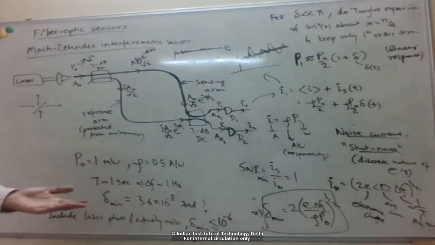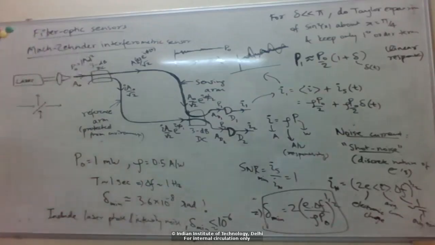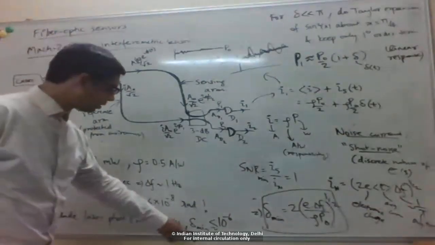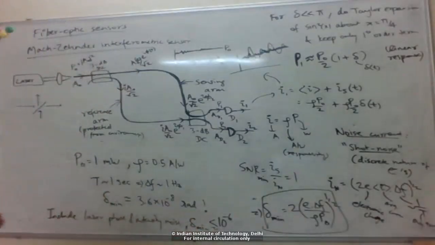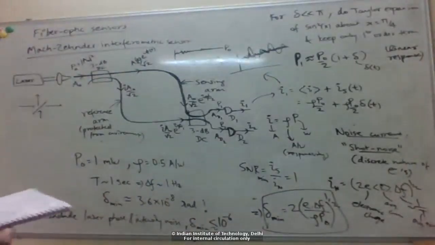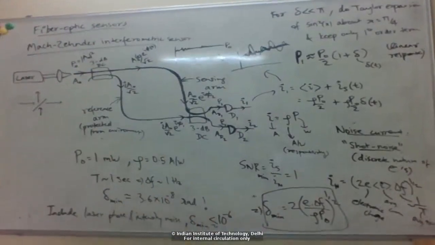Nowadays you can even get lasers with very low noise, so that you can operate close to this limit. But even if you take a standard off-the-shelf laser, you can get sensitivities of at least 10 to the minus 6. So you can see that these sensors are very sensitive, and you can detect very small changes.